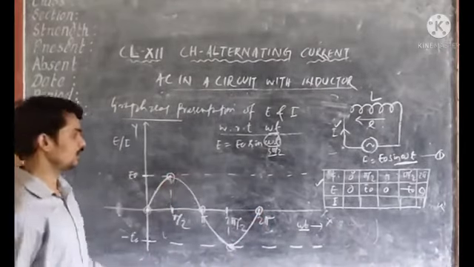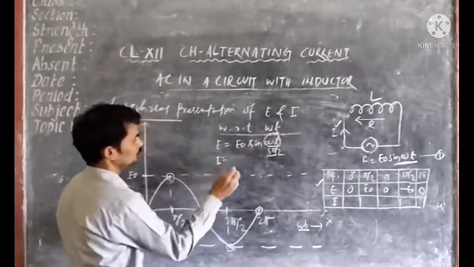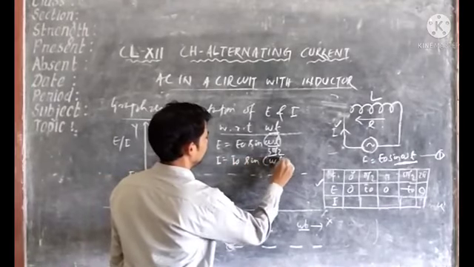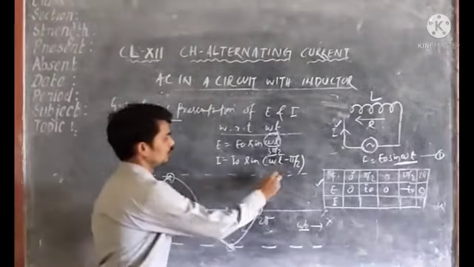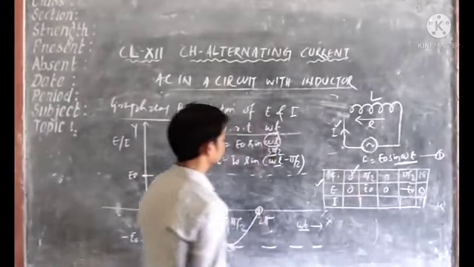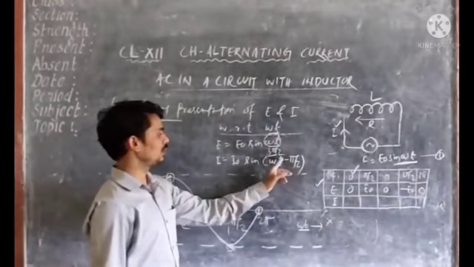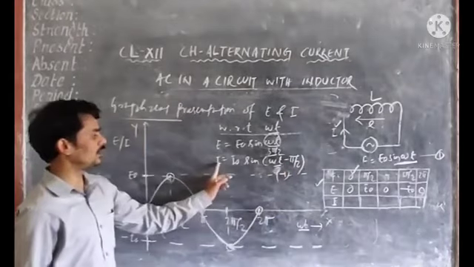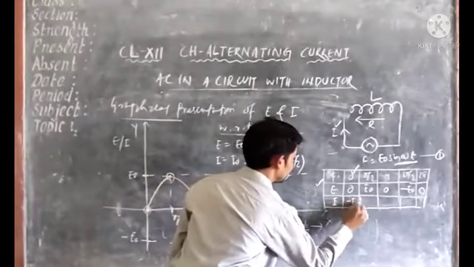Then when you plot the graph for the current, because our current I is equal to I naught sin omega t minus pi by 2, now when you put 0 in place of omega t first, then this part is 0. So sin of minus pi by 2 is minus 1, which means I will be equal to minus I naught first.